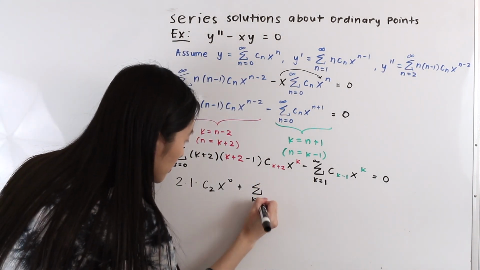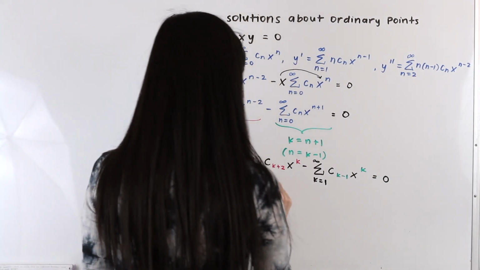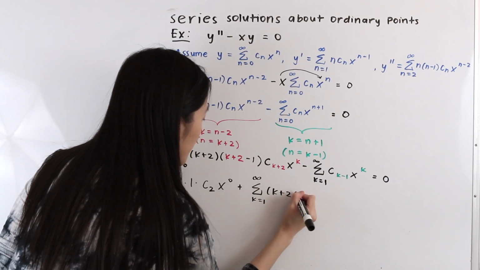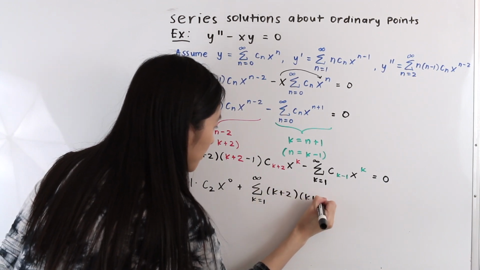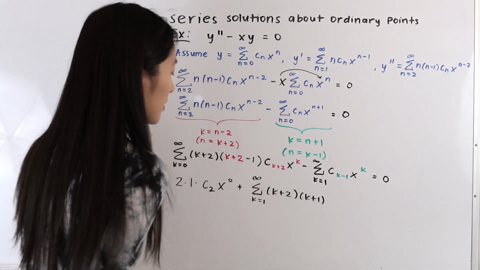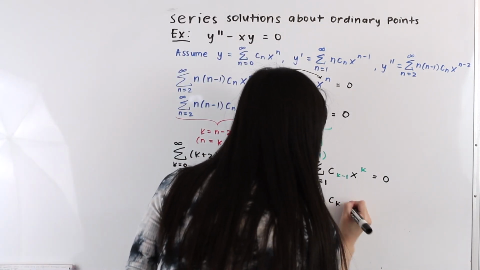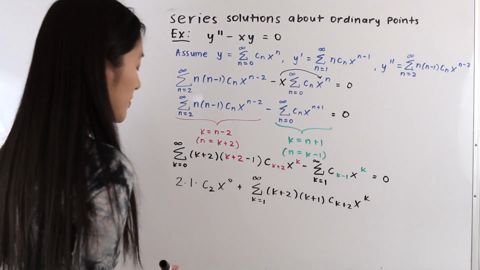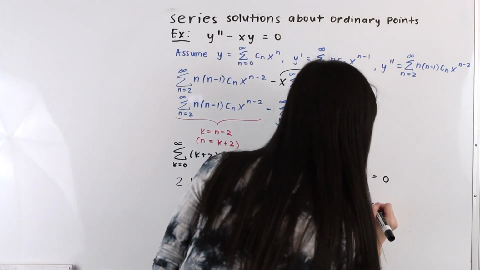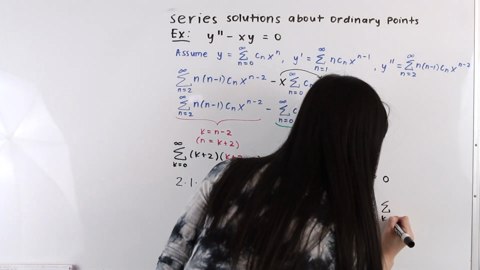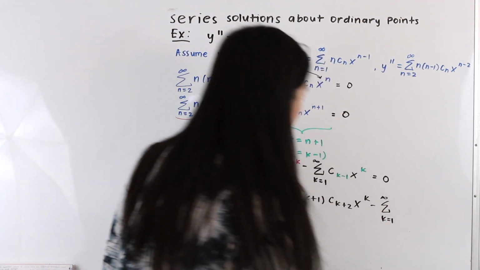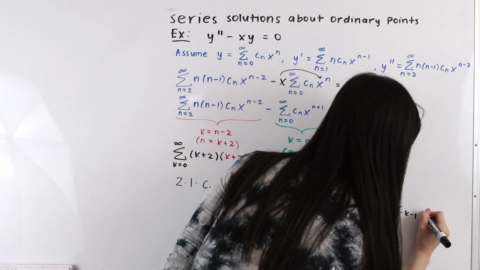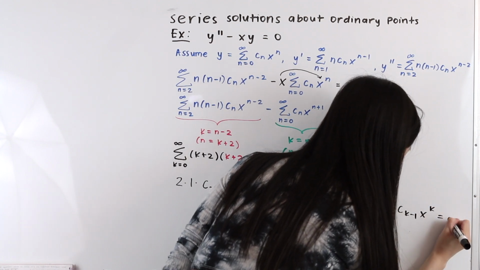So now we have k equals 1 to infinity of k plus 2 times k plus 1 times ck plus 2 x to the k. And then this is minus the summation from k equals 1 to infinity of ck minus 1 x to the k. And this is all equal to 0.